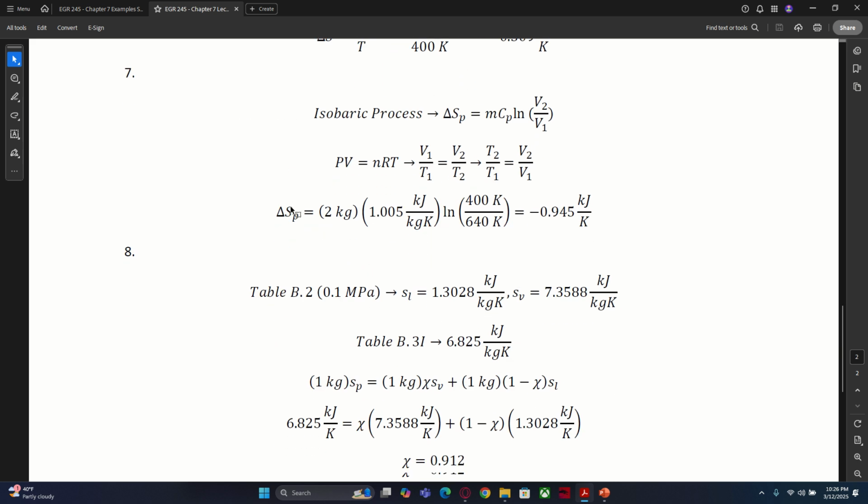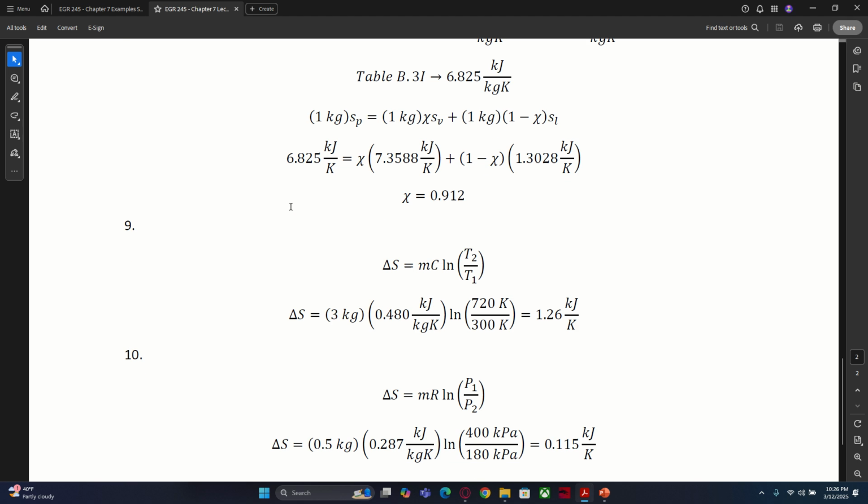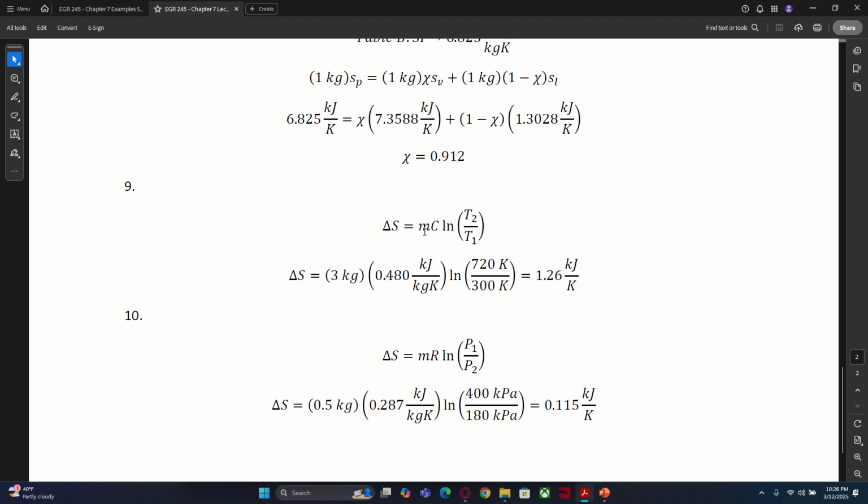And lastly, some equations that can be tricky, such as when to have entropy equaling mass times heat capacity or mass times the gas constant. And those can vary depending on if we're isobaric, isothermal, isochoric, adiabatic, things like that.